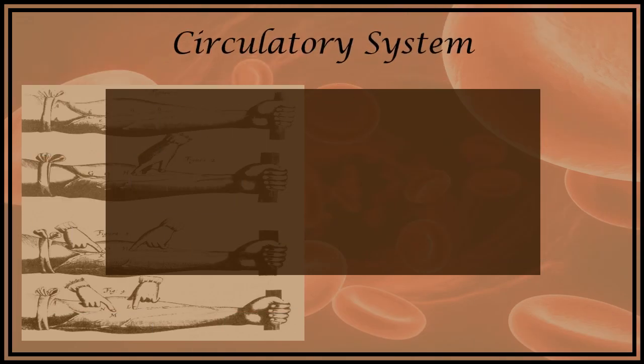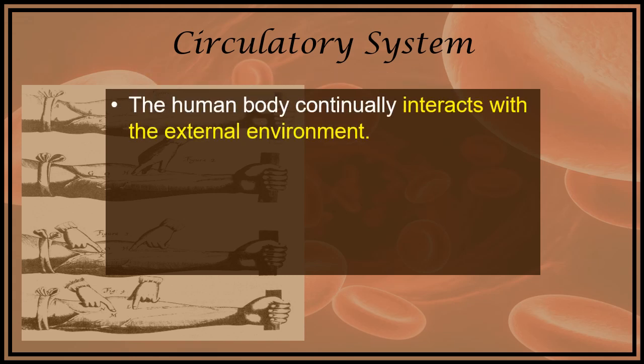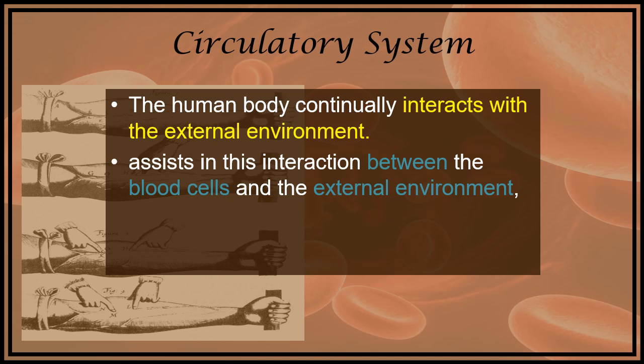The first part of our notes is starting with the circulatory system, and we're going to be looking at how this functions and how it works to keep us alive, and then everything that's related with it, which is pretty much everything. This is how we interact with the external environment, because when you think of it, how do we get oxygen?